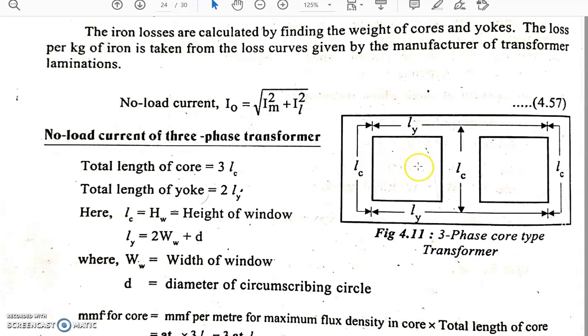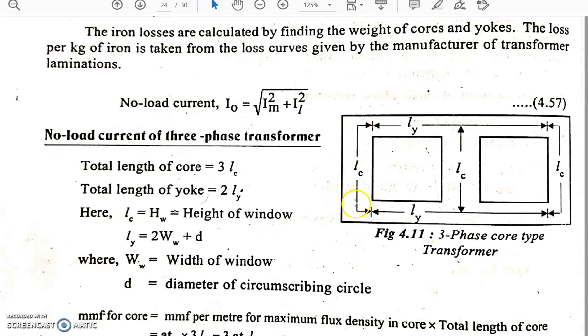2 times the width of the window, from this point to this point, and this point to this point, plus this length. So this length is the diameter of the circumscribing circle, and so that is the LY, and LC is the height of the window.